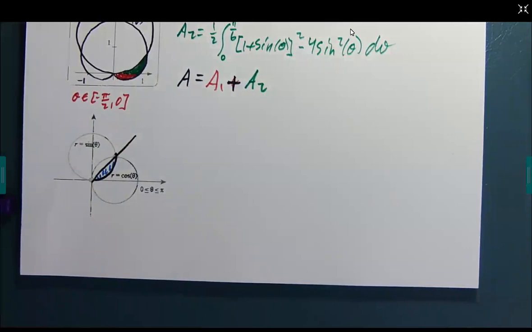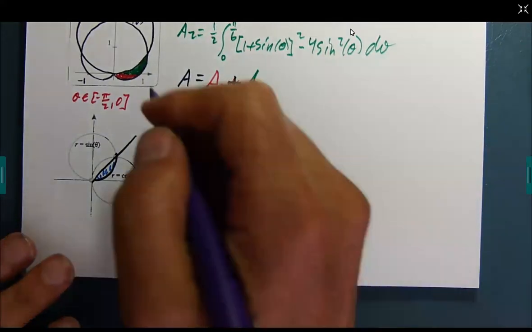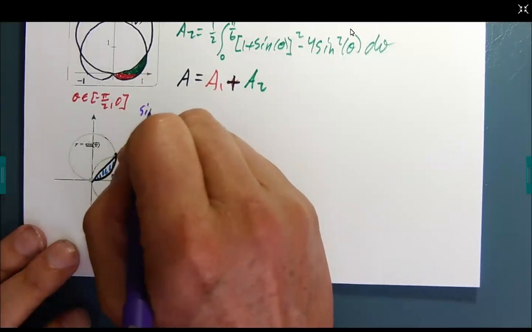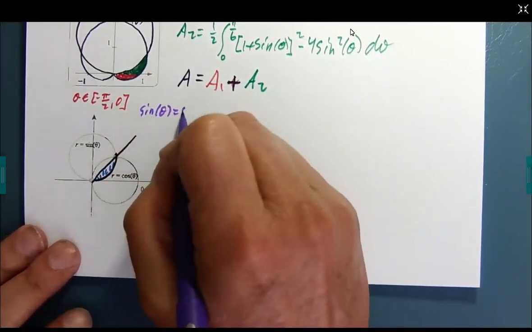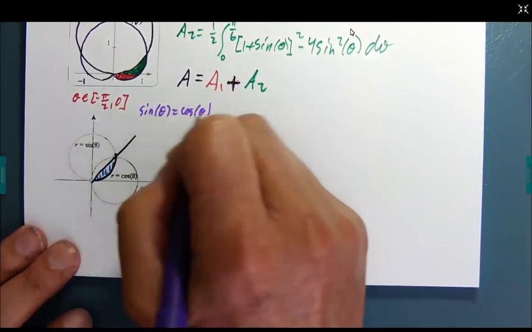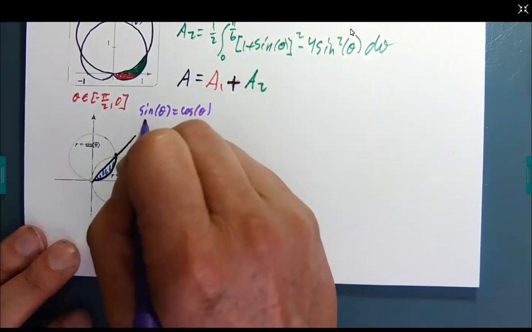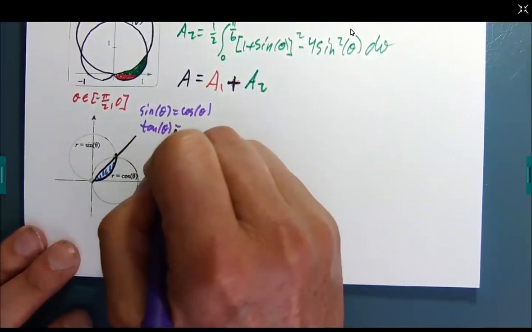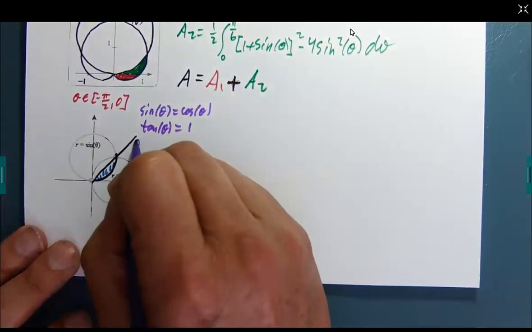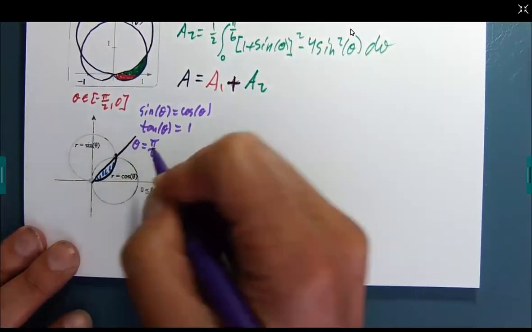So what I'll need to do is set these two functions equal to one another. So sine theta equals cosine theta. Divide both sides by cosine, you get sine over cosine, which is tangent theta, equals 1. So theta, in this case, is pi over 4.